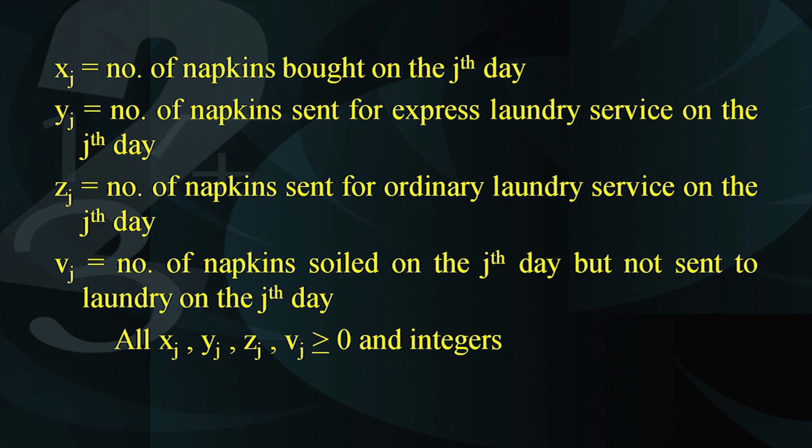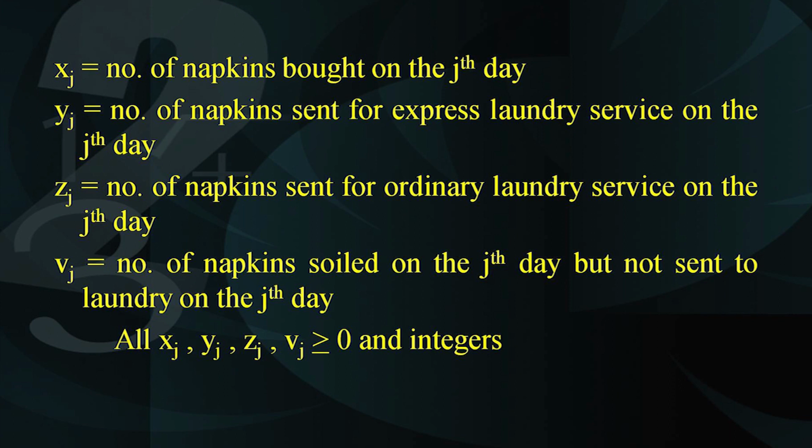Xj is the number of napkins bought on the jth day. So, there are x1, x2, x3, x4, x5, x6 and x7. So, these are 7 parameters corresponding to each of the 7 days of the week.